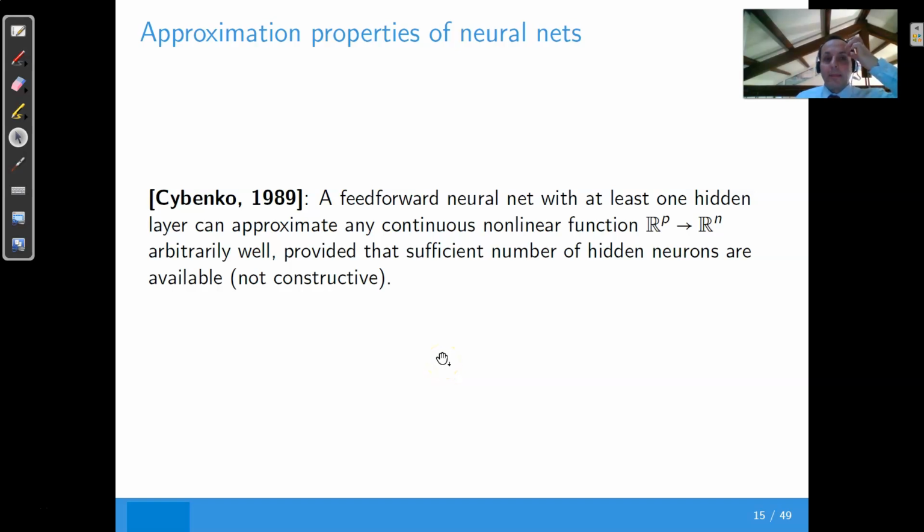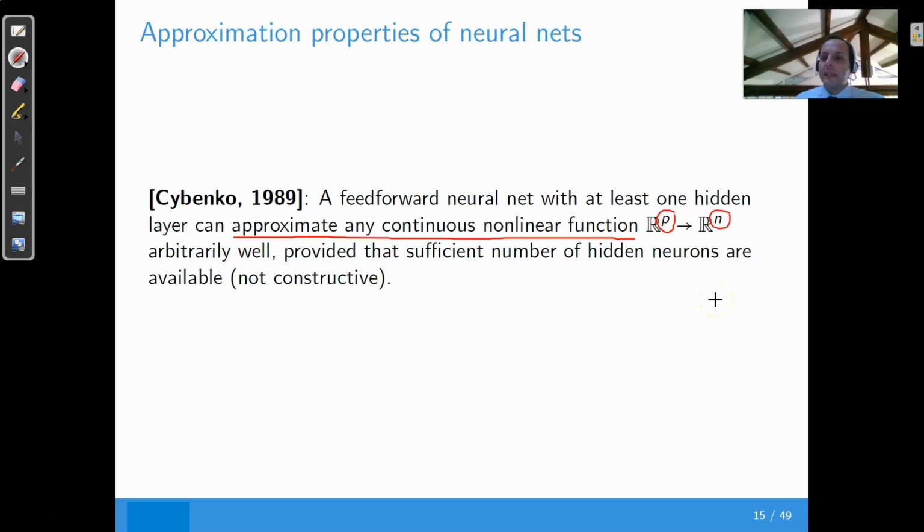Let's see some approximation properties of the neural networks, of course, without any demonstration. So we are considering them as properties. A quite recent result is that a feedforward neural network with at least one hidden layer can approximate, and this is a very important result, any continuous nonlinear function with a number of inputs p to a number of outputs n.